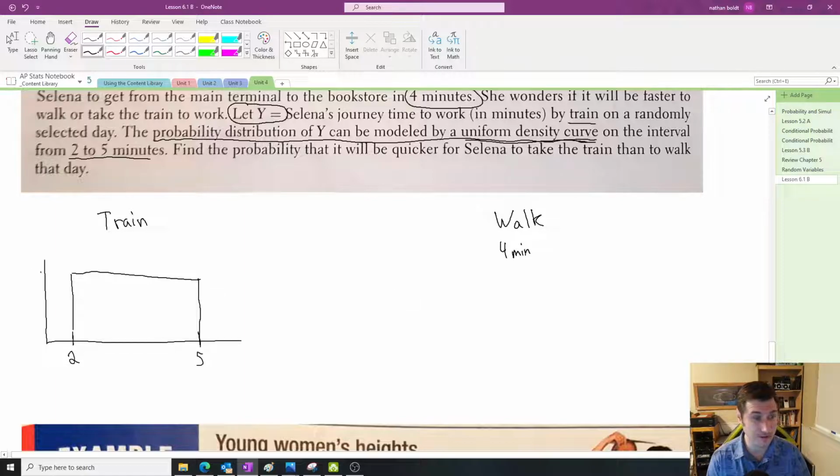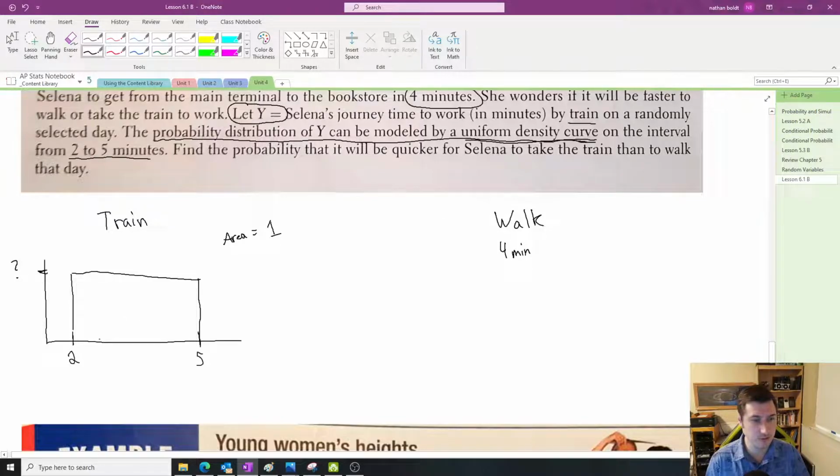How tall is it though? Well, we do need to remember that the total area is always equal to 1, because the probability of her getting to work is 100%. Any probability distribution has to equal 100%.